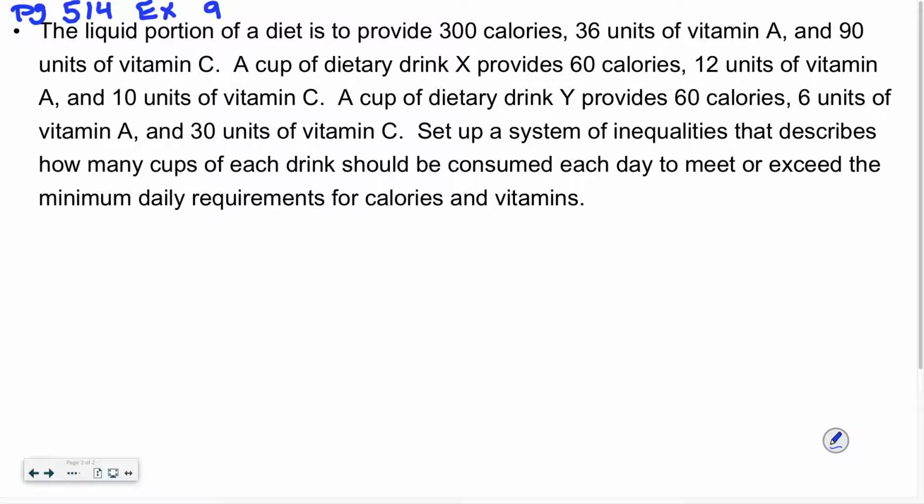How many calories and vitamins we need to consume a day? Well, here it says your diet should provide 300, 36, and 90. So I would say we have numeric values for that. Okay. Look for the phrase how many.